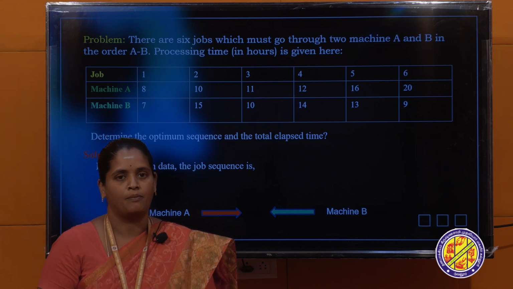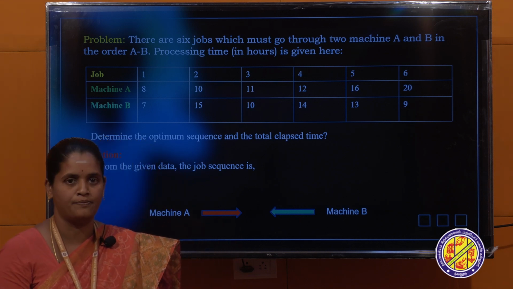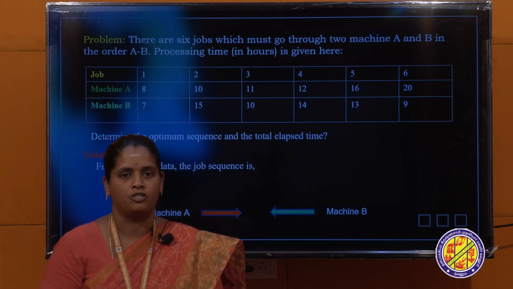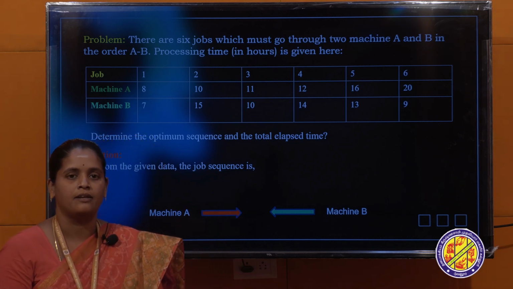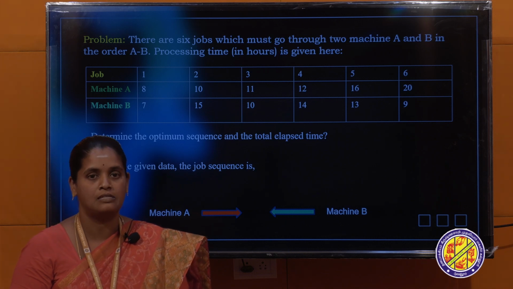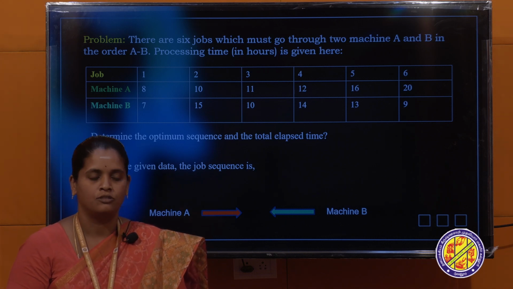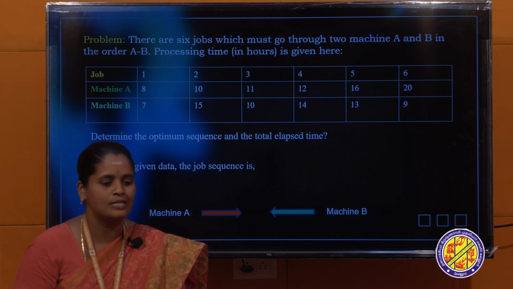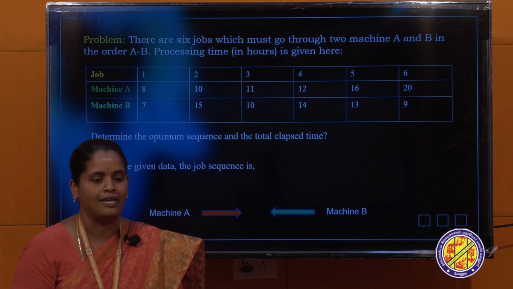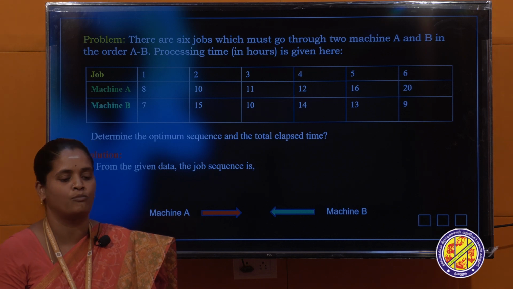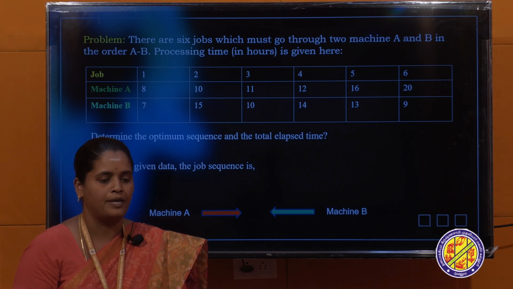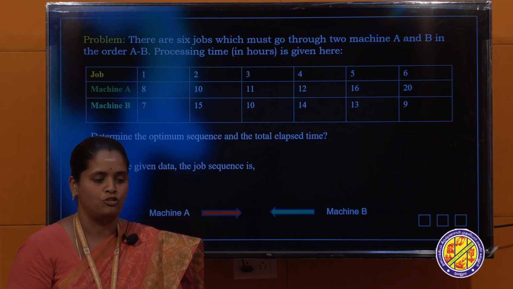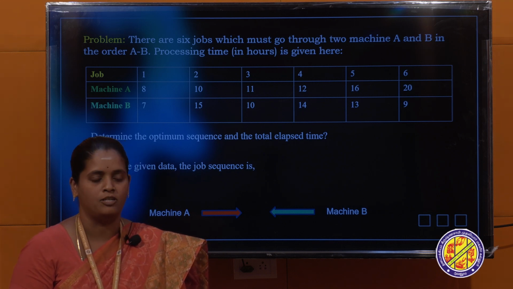First we need to find the optimal sequence in which the jobs should be processed on missions A and B. The given order of the missions is AB, which means that each job is processed first on A and then on B. First we need to find the minimum processing time for both missions A and B. In this problem the minimum processing time is 7, for job 1 on mission B.